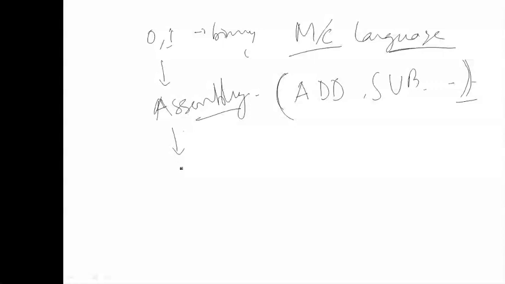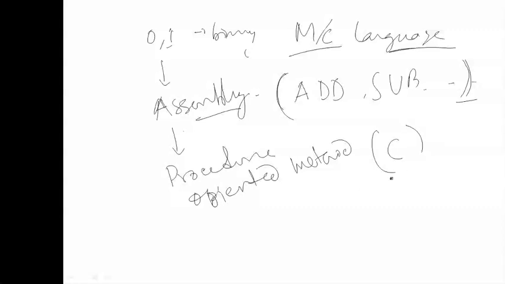So here comes another programming language model, which is function oriented or procedure oriented. Here we have the example of C from previously. So let us discuss a little bit about procedure oriented programming language. Suppose this is your main function.